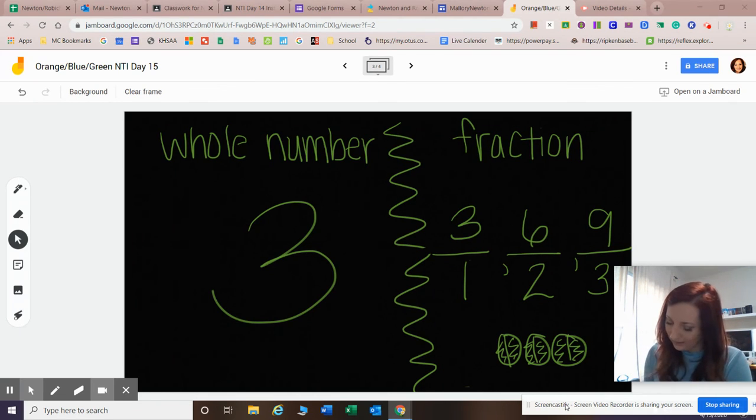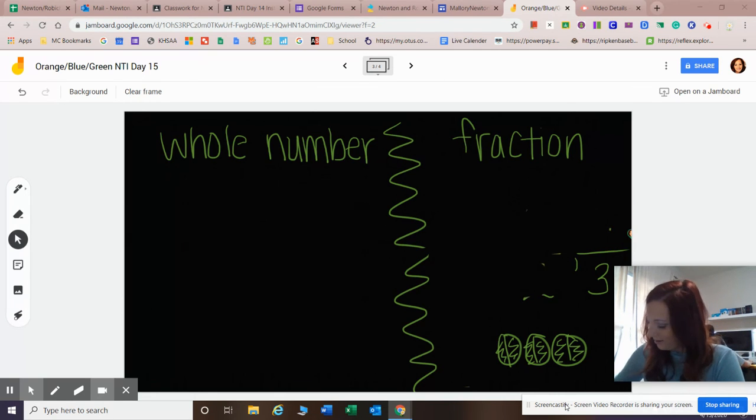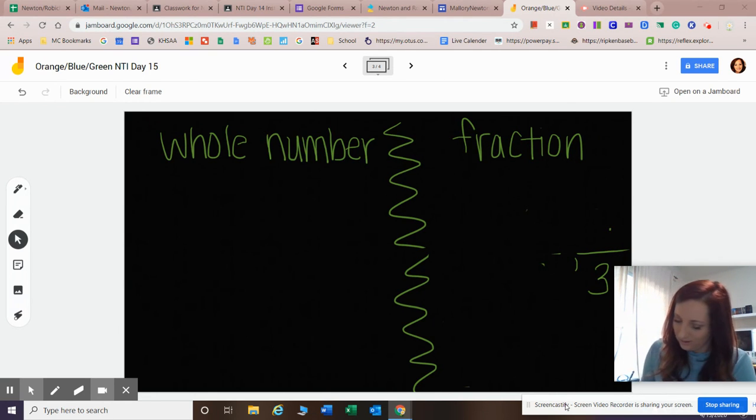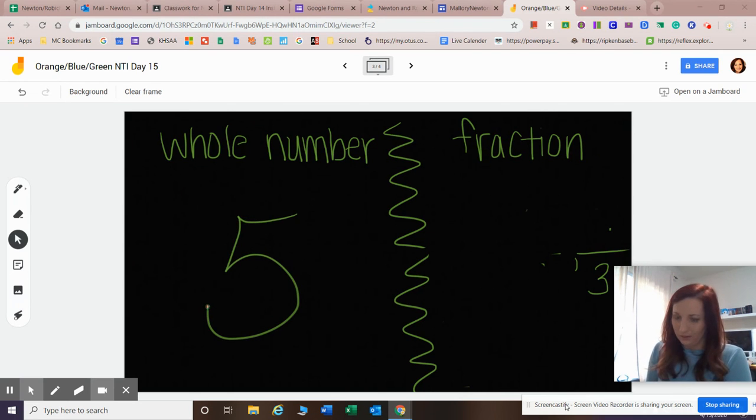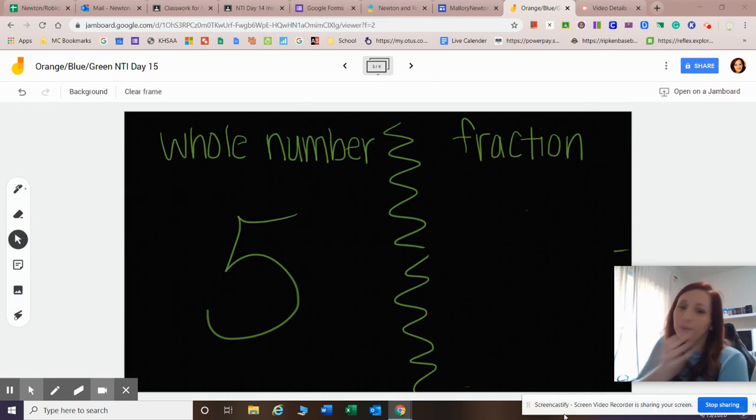All right, last example of taking a whole number to a fraction. And then after this, we're going to play a game, so make sure that you're engaging your brain. All right, whole number is 5, and we have to come up with fractions that equal the whole number 5.